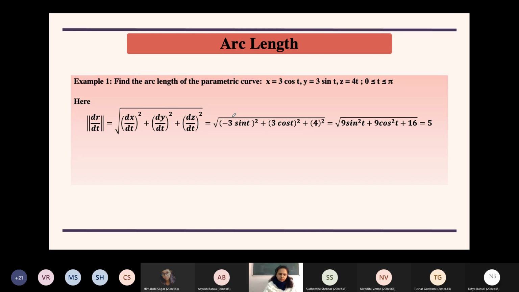5 pi. Because when you integrate 5 with respect to t, you get 5t, and then you apply the limits from 0 to pi, so you get 5 pi as the answer. So that is the arc length for this parametric curve from 0 to pi.